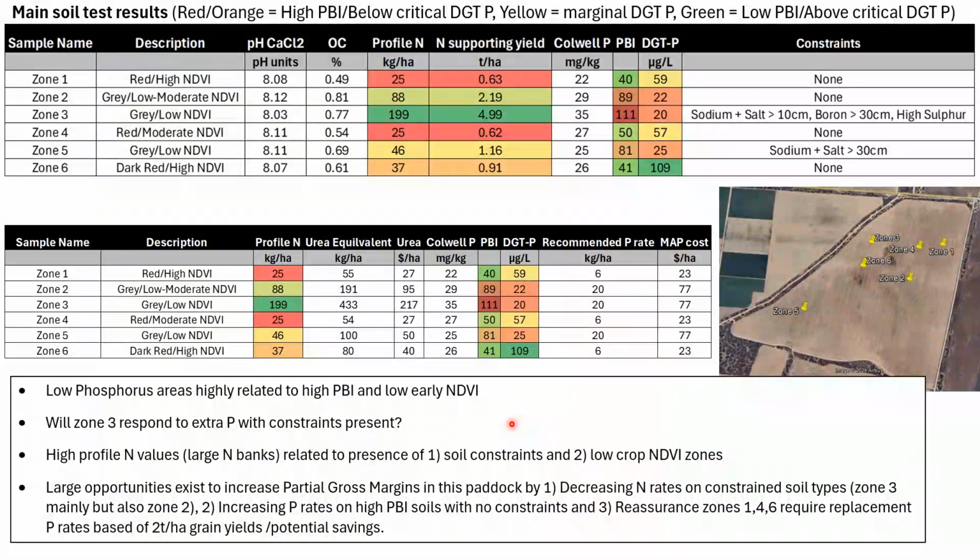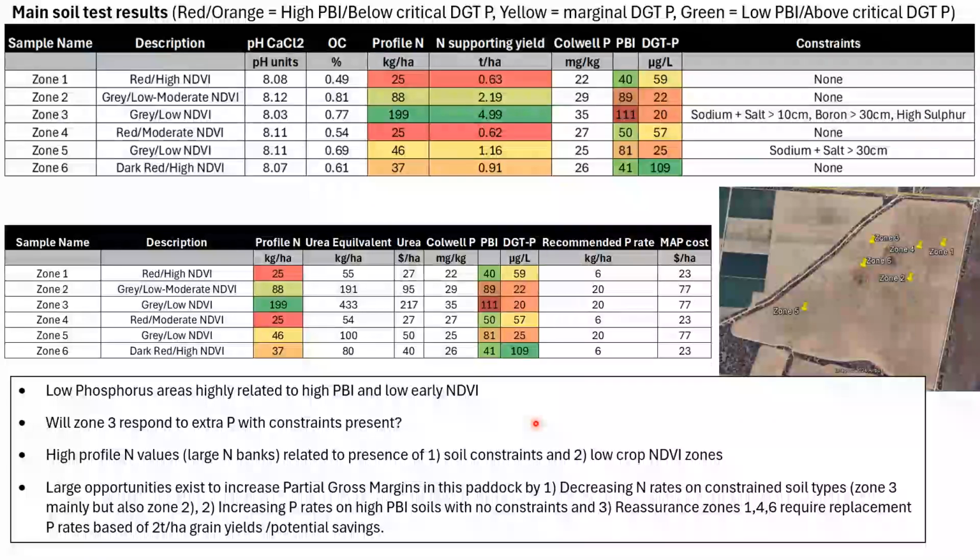High profile N values are related to soil constraints, so particularly zone 3, and that's important. And then again, hopefully I've illustrated that there's large opportunities that exist here for increasing parcel gross margins by putting your nutrients where the crop can utilise them, but also identifying soil types which may compete with that fertiliser for crop uptake, and particularly phosphorus.